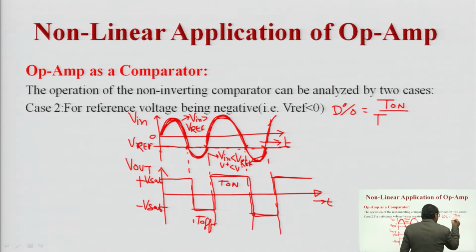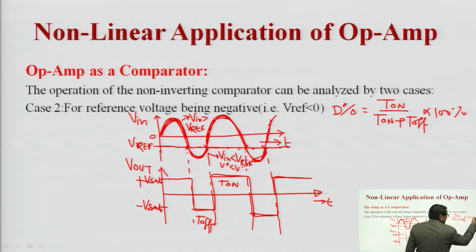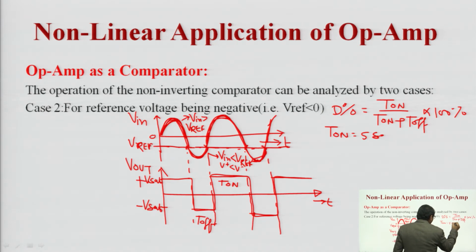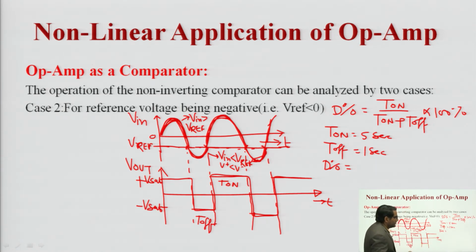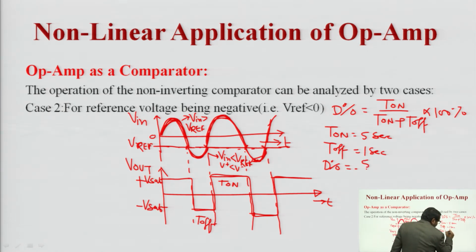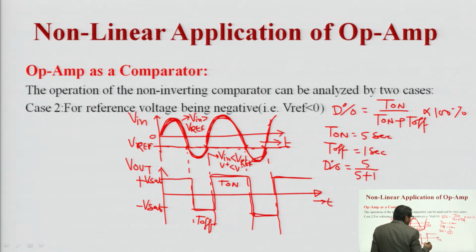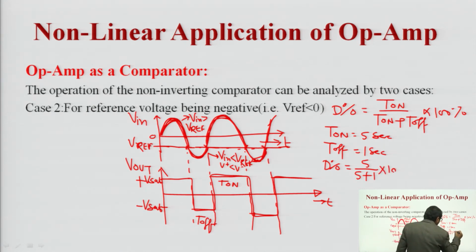So, in this case, if you consider the duty cycle, T on upon T on plus T off into 100%. Let us consider T on is 5 seconds, for example, and T off is 1 second. Duty cycle percentage is 5 upon 5 plus 1, into 100%.